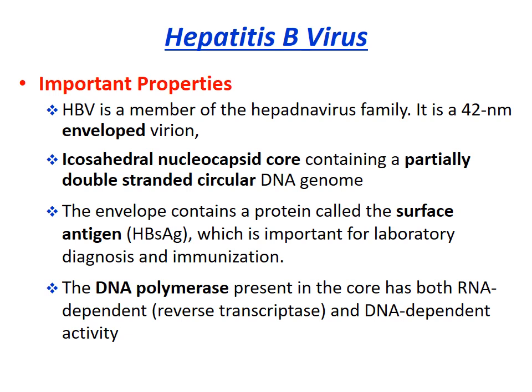Partially double-stranded circular DNA means that one of the strands of the double-stranded circular DNA genome is deficient in a very small portion. The envelope contains a protein called the surface antigen, HBs antigen, which is important for laboratory diagnosis and immunization. The DNA polymerase present in the core has both RNA-dependent reverse transcriptase and DNA-dependent activity.